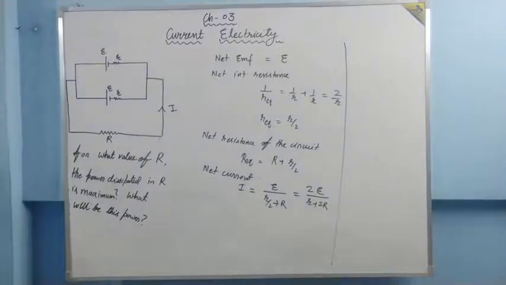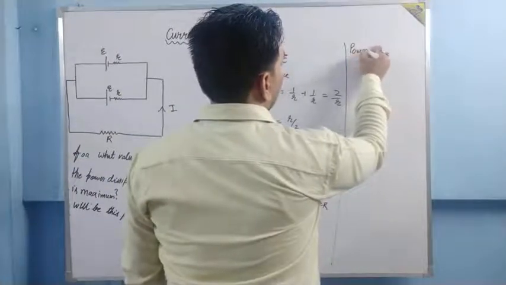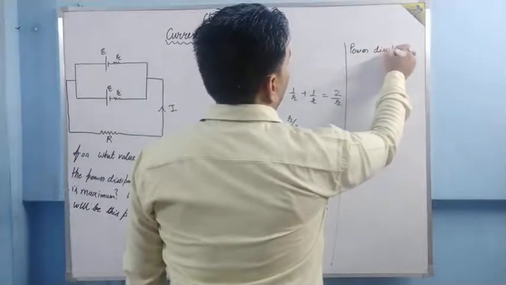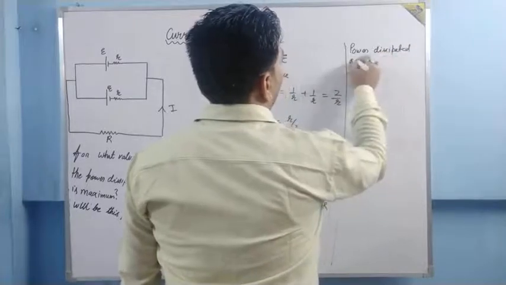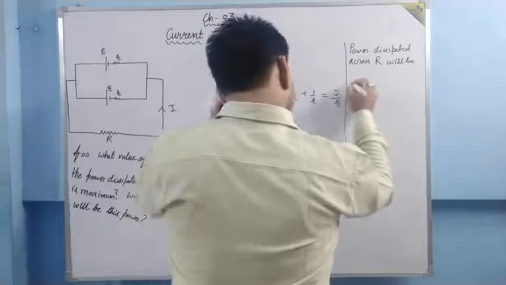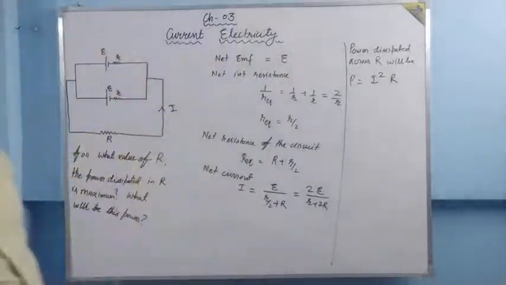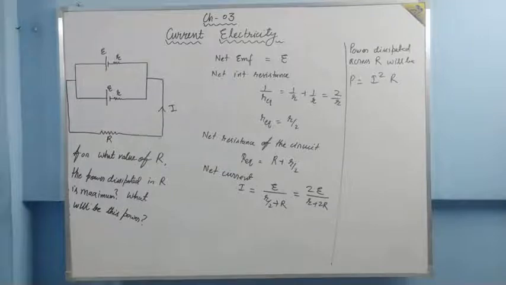This current is passing through capital R. Then power dissipated across capital R will be P is equal to I square into R. Let us put the value and let us solve it.